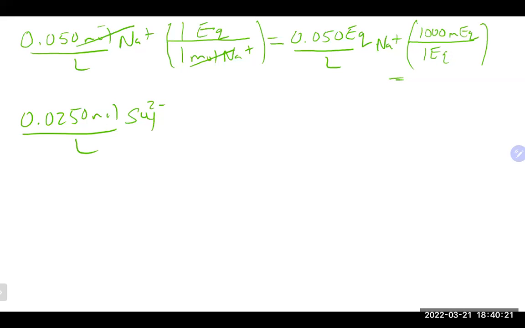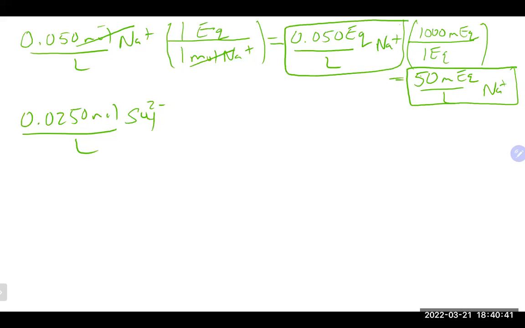If we do that, we end up with 0.05 times 1,000, which is 50 milli equivalents per liter of sodium. So the concentration of the sodium ions floating around in this solution is 0.05 equivalents per liter, or 50 milli equivalents per liter. Again, it's just a different concentration unit to represent the sodium ions. Any questions on that calculation there?